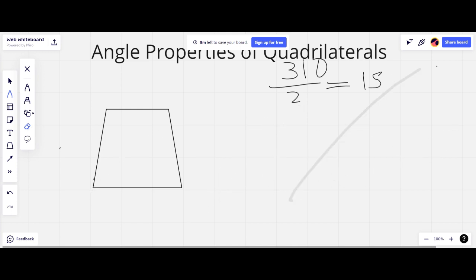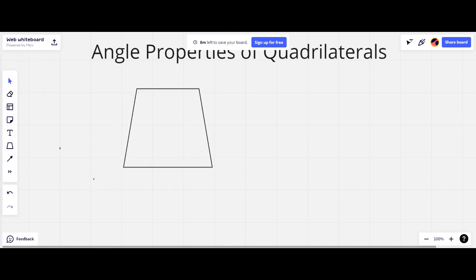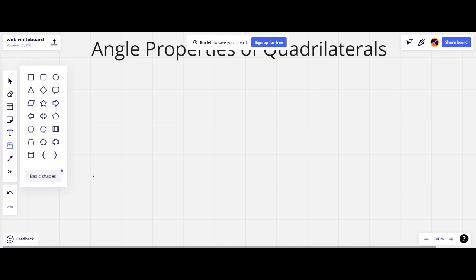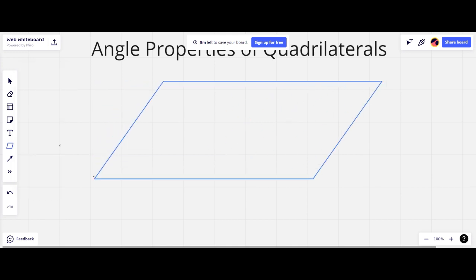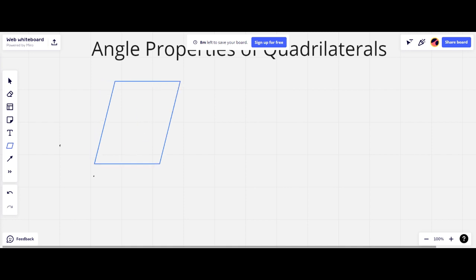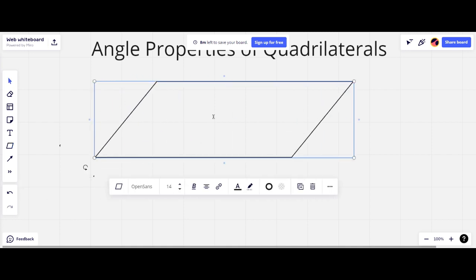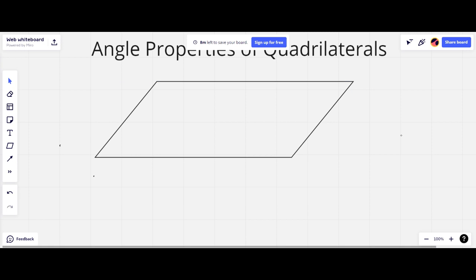Now let's do a parallelogram. So let's find a parallelogram. That doesn't work, so let's make this a really strict parallelogram.